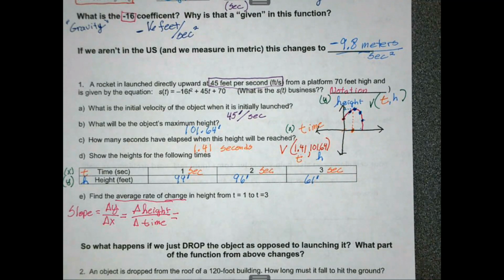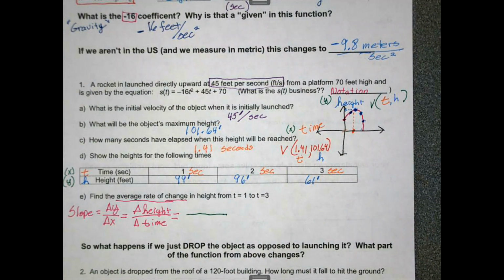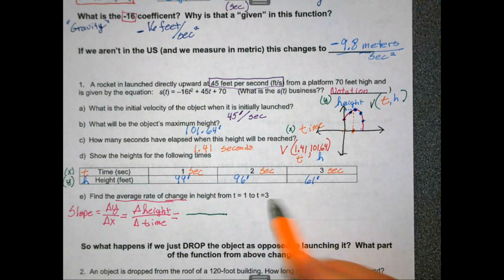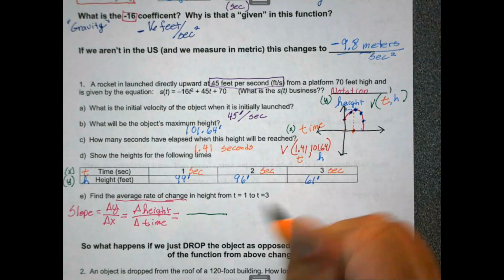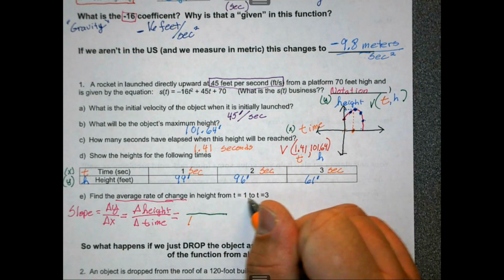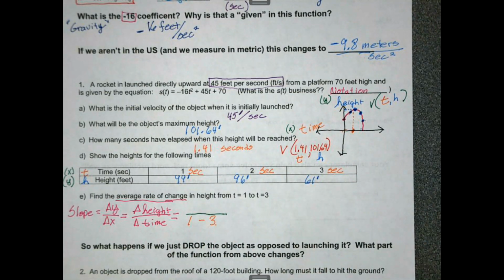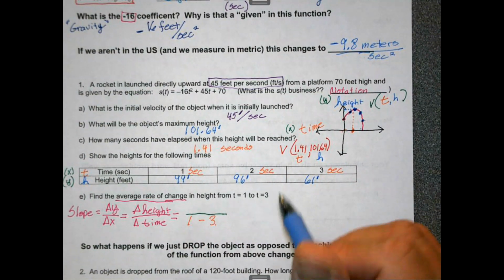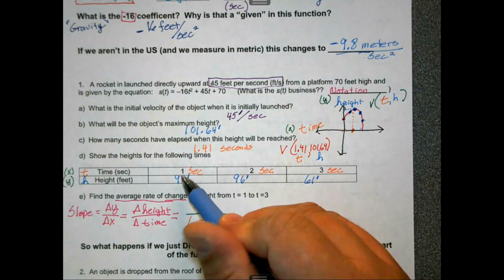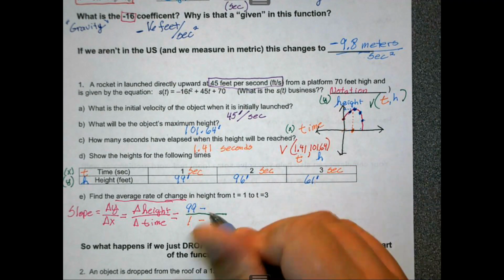Okay, so let's go ahead and compute this. The change in time is given from 1 to 3 seconds. So remember that y2 minus y1, x1 minus x2, whatever it is. That's what we're going to use here, except with t's. So I'm going to take 1 minus 3. Remember, the x's or t is on the bottom of our fraction. And our height, then from 1 second, is 99, minus the height for 3 seconds is 61.